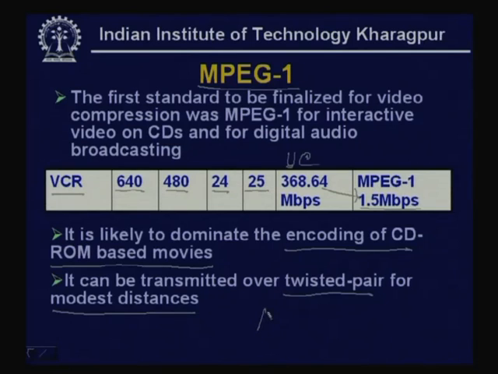For example, it can be transmitted through an ADSL network quite efficiently, over a distance of 18,000 feet or roughly 5 kilometers. So, because of this compression, it is possible to send MPEG video through ADSL.